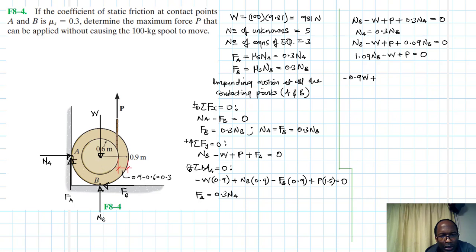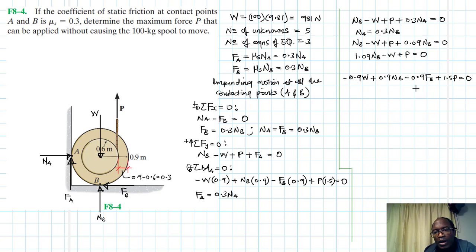We are taking moments about this point. This is 0.9 NB minus 0.9 FB plus 1.5 P equal to 0.